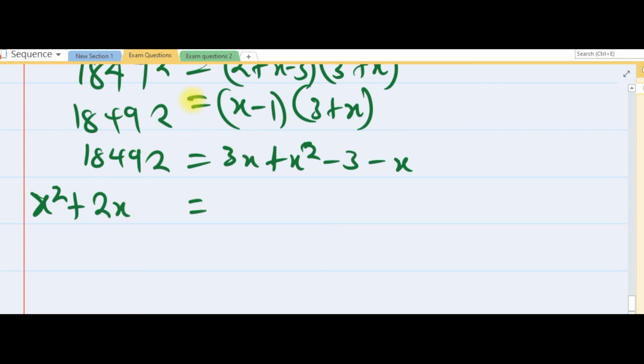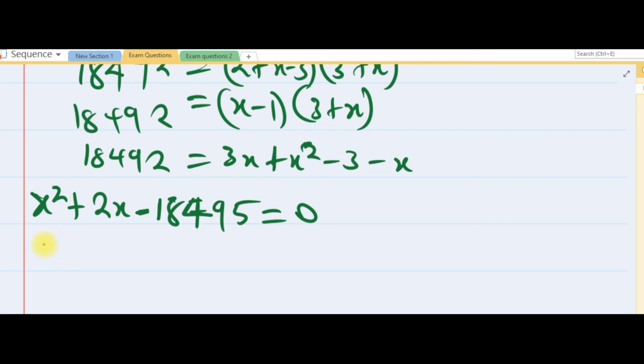I'm moving everything to this side: minus 3, so we have minus 18,495 equal to 0. So I have x squared, 3x minus x is 2x, and the minus 3 comes with it. So minus 3 minus 18,492 is minus 18,495.